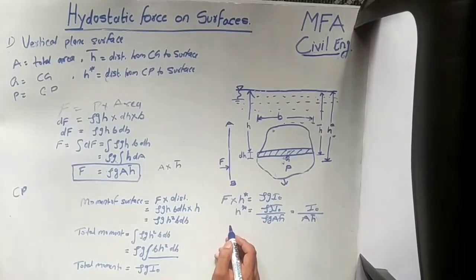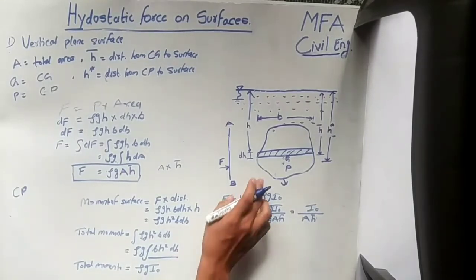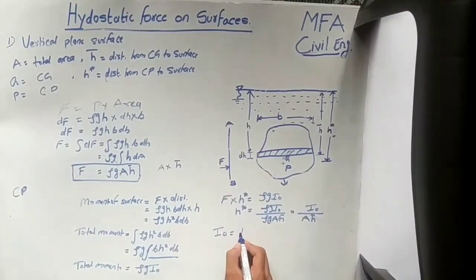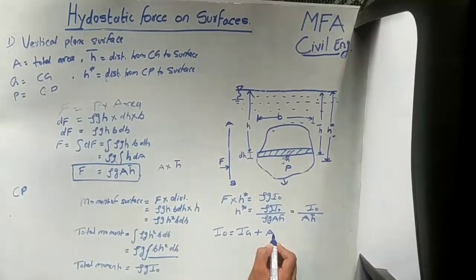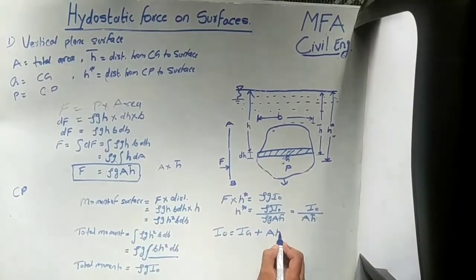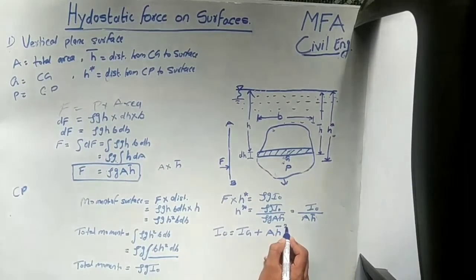Now by the parallel axis theorem, I0, the moment of inertia about the free surface of the fluid, is equal to the moment of inertia about the center of gravity plus the area of the surface into h bar square, where h bar is the distance from the center of gravity to the free surface. Now putting in the value, I0 is equal to area into h bar into h star. So the area into h bar into h star is equal to Ig, the moment of inertia about the center of gravity, plus area into h bar square.